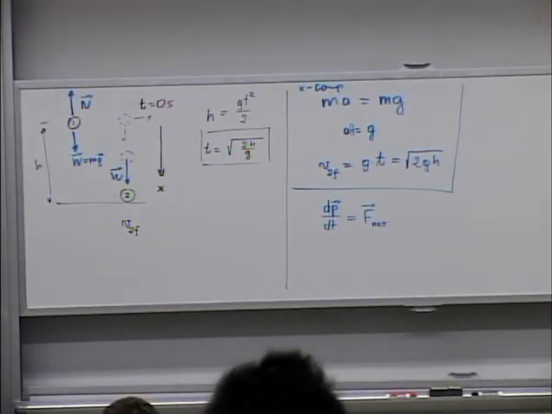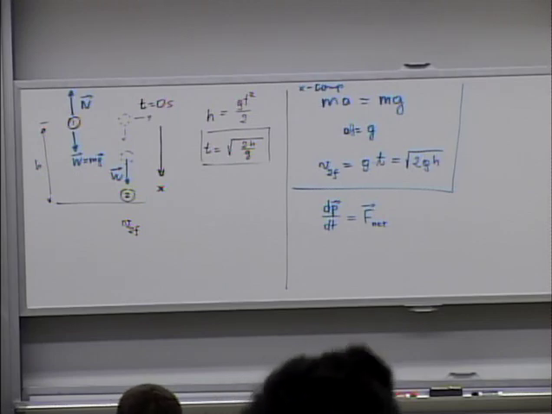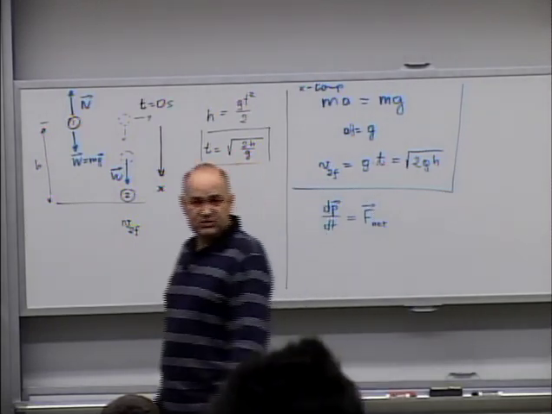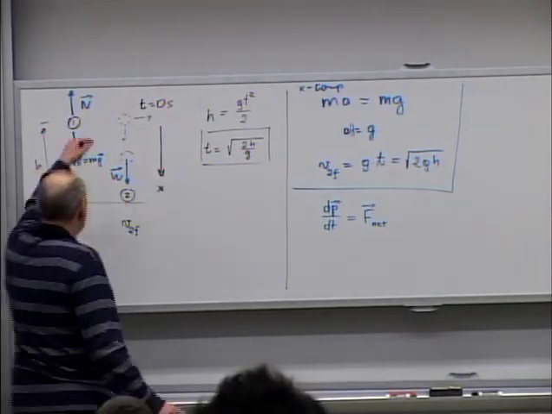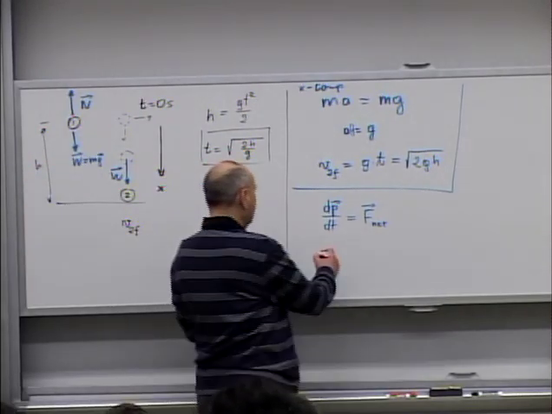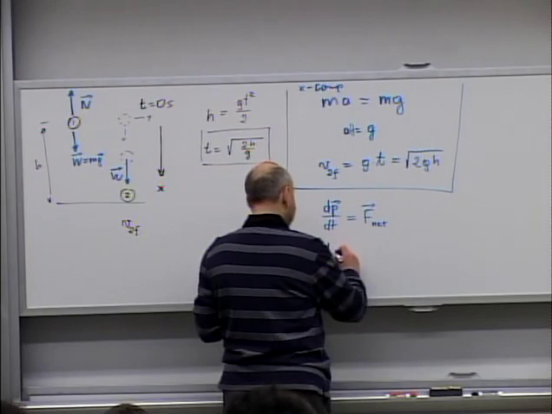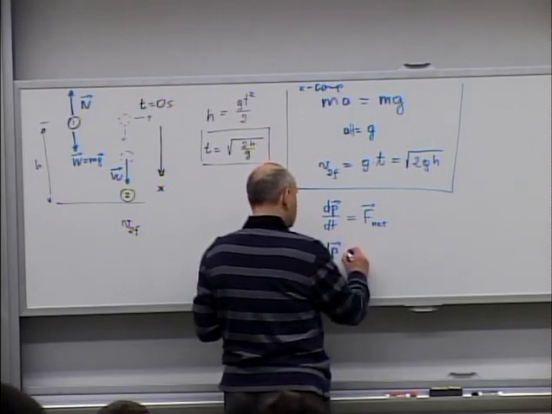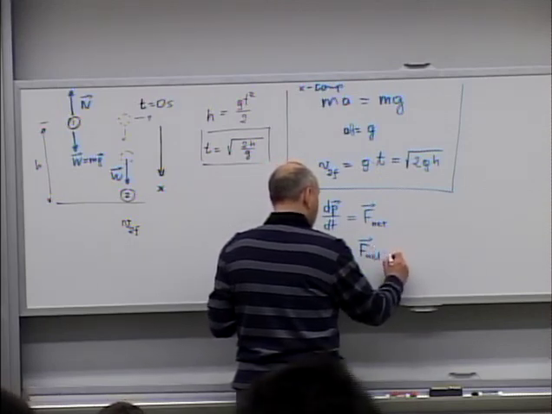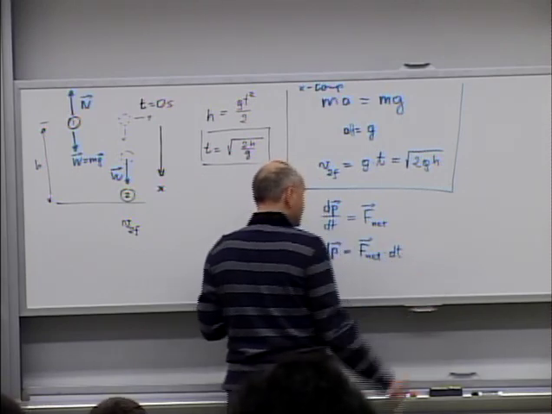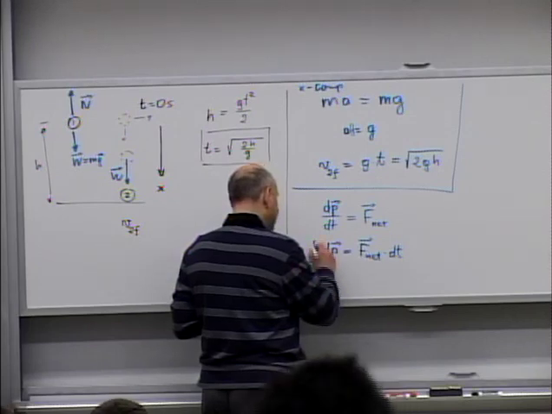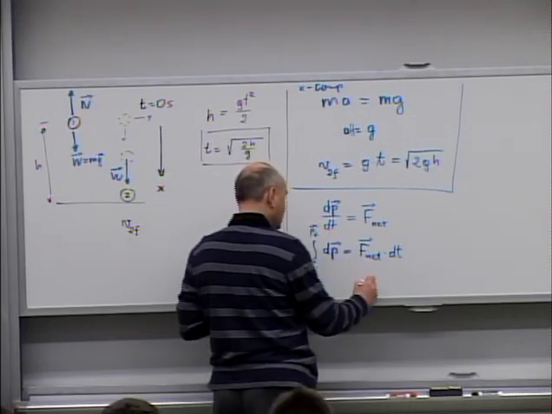All right, so if I know the rate of change, then I can find out what is the change from the top, from this location to this location. From this expression, I can quickly write down that the differential change is equal to net force multiplied by differential time and integrated from initial momentum to final momentum.